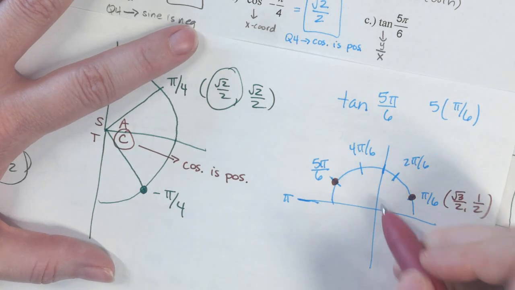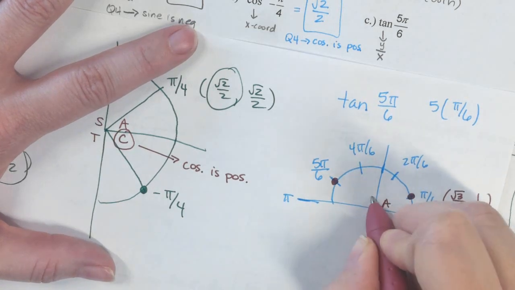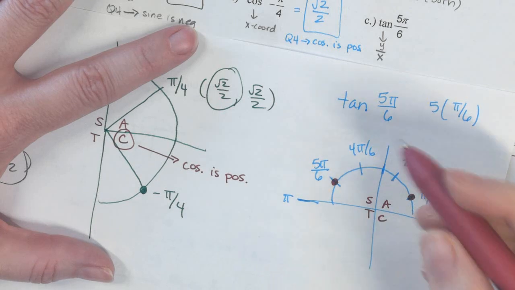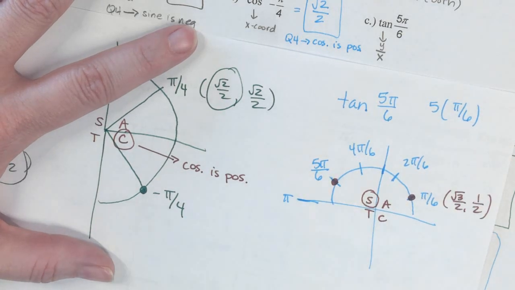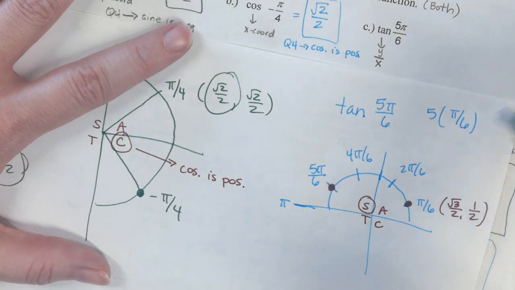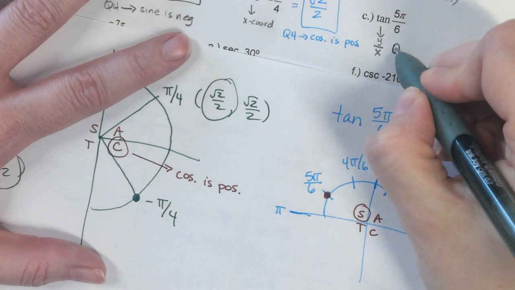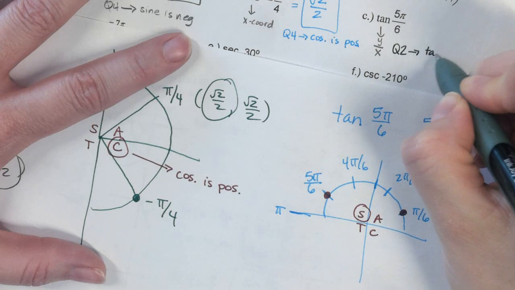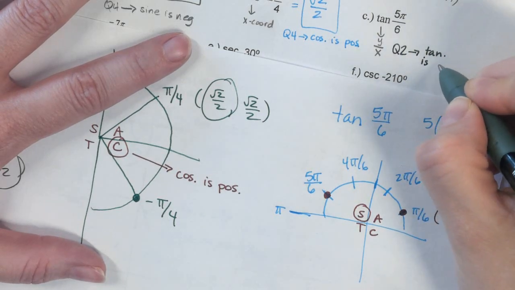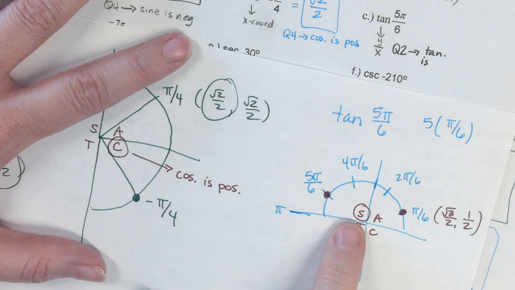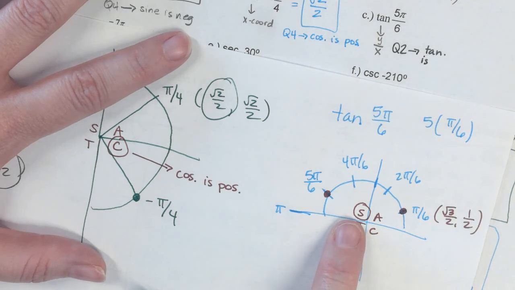So again, use your All Students Take Classes. The only thing that's positive in quadrant 2 is the sine. So that means the tangent is what? If the sine is positive, the tangent is negative.